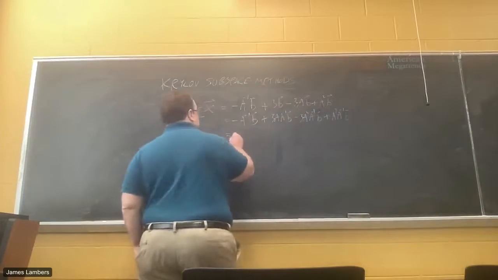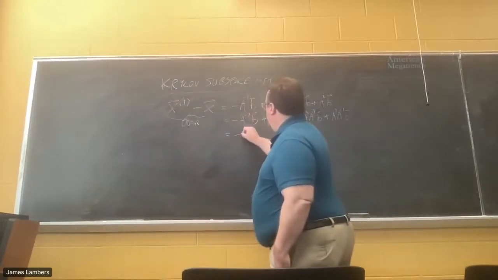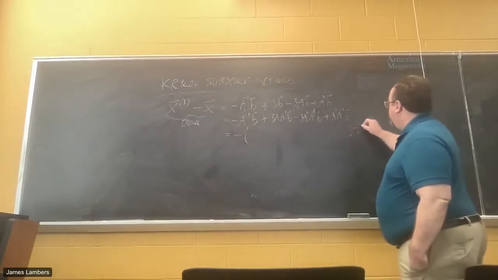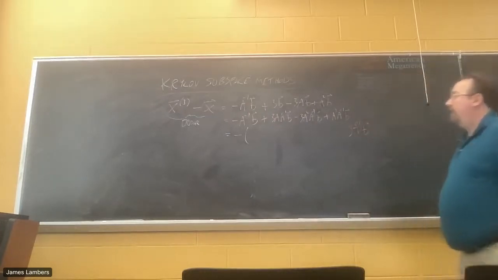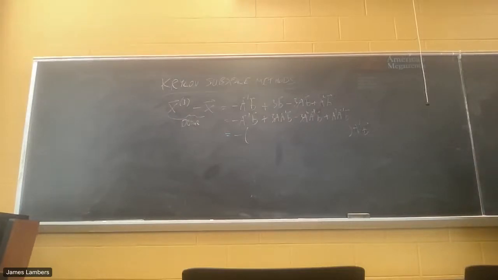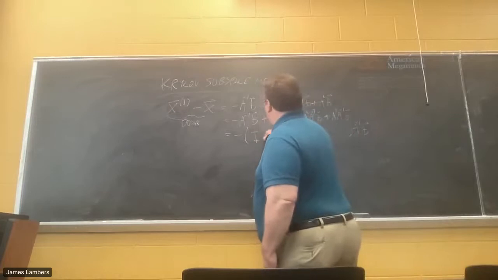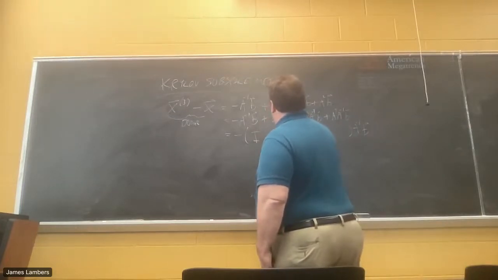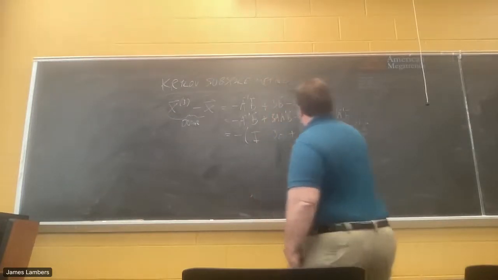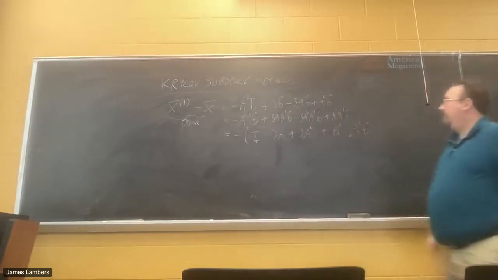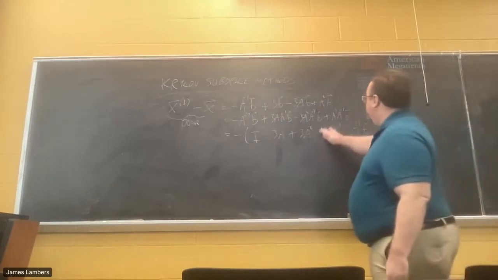So I can factor out an A inverse B, and also pull out a minus. So what's left? I'll have identity minus 3A plus 3A squared minus A cubed. Whoops, that should be a minus.